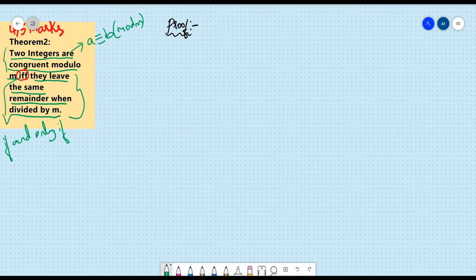Let me consider this one as 1 and this one as 2. The meaning of if and only if is nothing but 1 implies 2, and 2 implies 1. If I take 1, I'll get 2. If I take 2, the second sentence, I'll get 1. So I can write this as 1 if and only if 2.